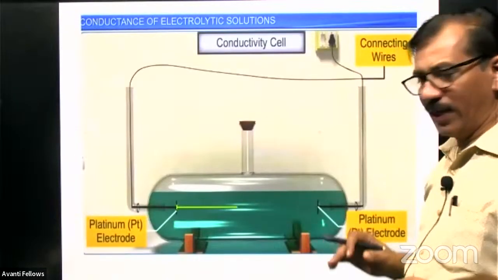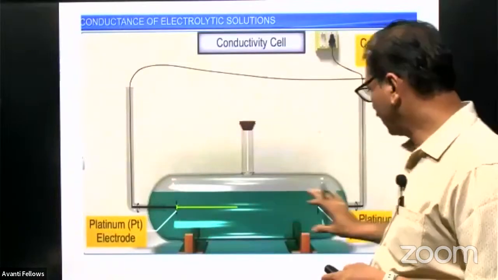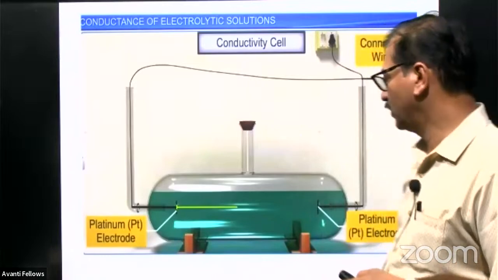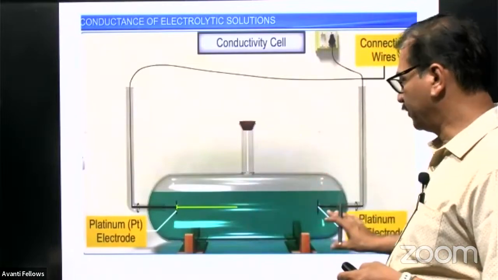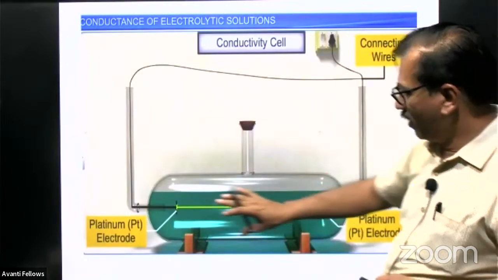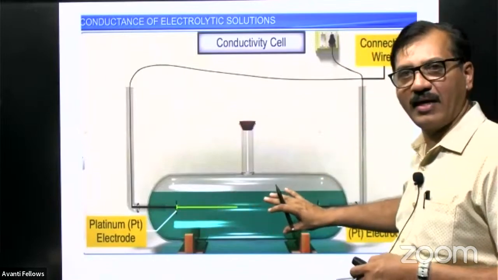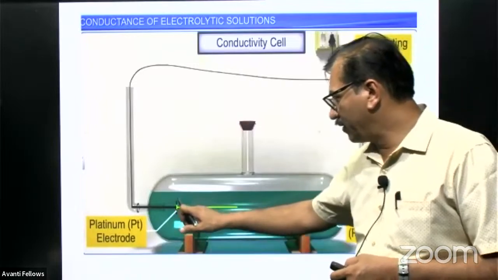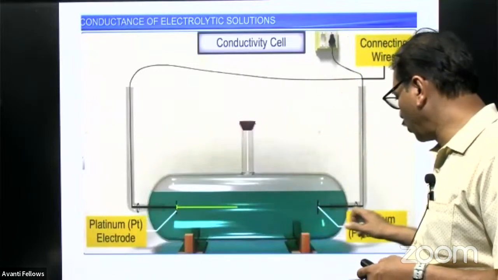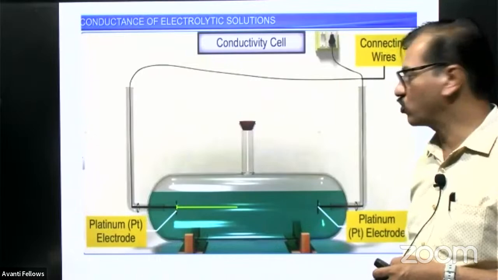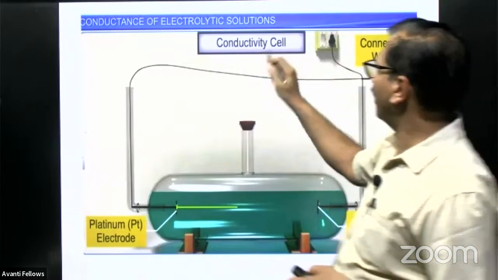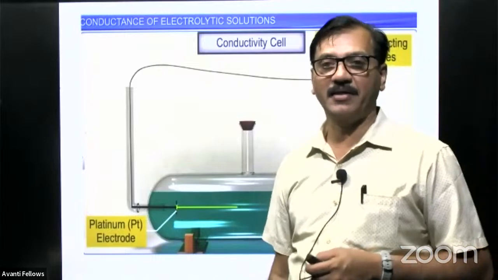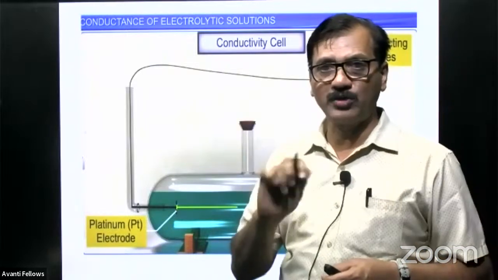Usually this is the schematic diagram of a conductivity cell. This cell consists of a place to accommodate an electrolyte whose conductivity value is to be measured, and two metallic platinum electrodes, connected to an AC current, alternating current, so the polarity changes.